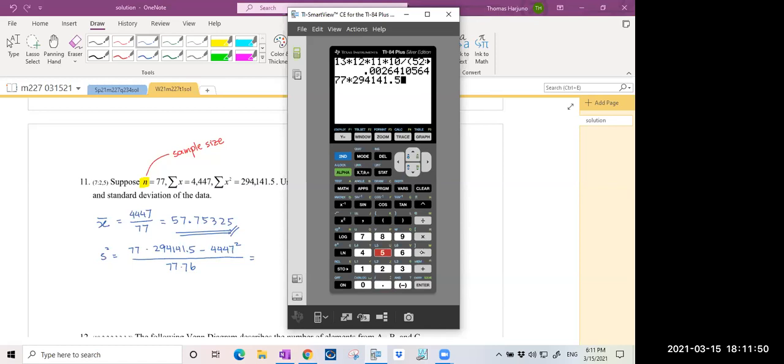And then minus 4447 squared. Then enter. So this is the result from the numerator. Now divide it by the product of 77 and 76.